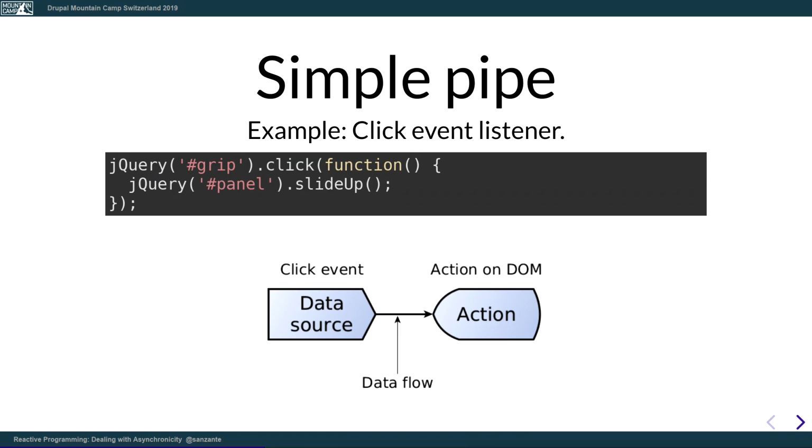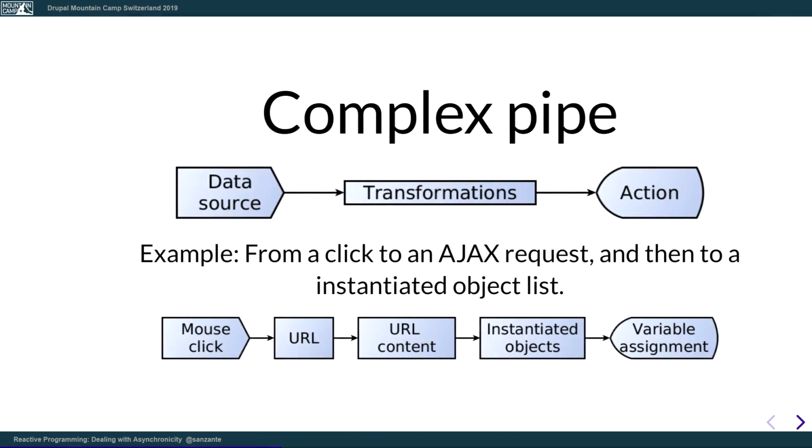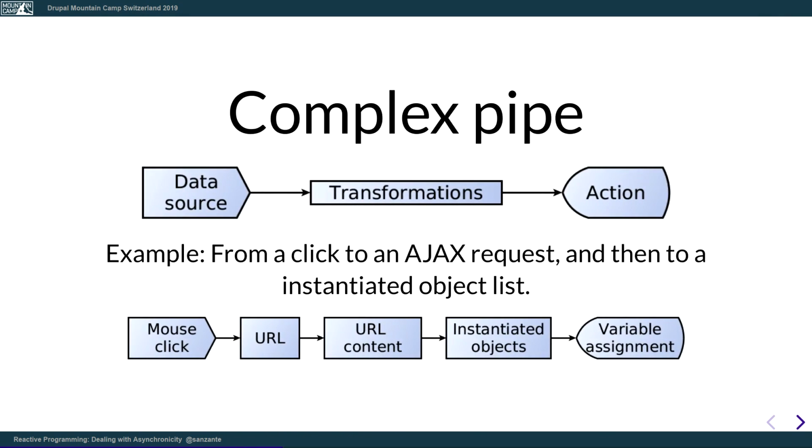So, what would be a simple pipe? The simplest pipe is something that you have probably done many times. It's just the click event listener. In this case, it's the same example as before. It's very easy. It's an event listener on a click event for an element. The data source is the click event.